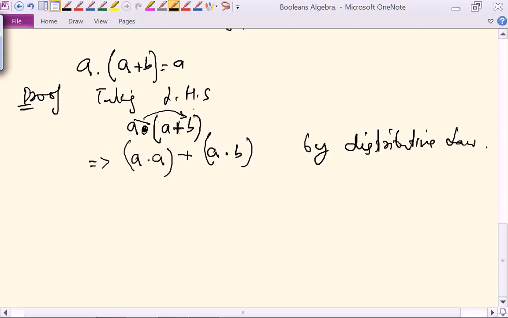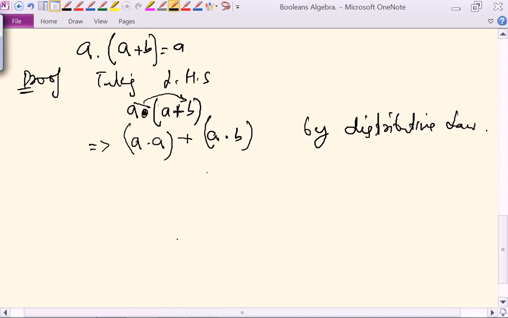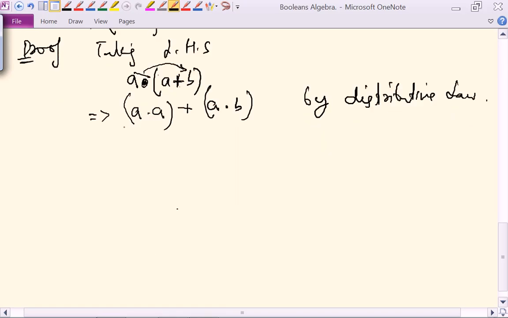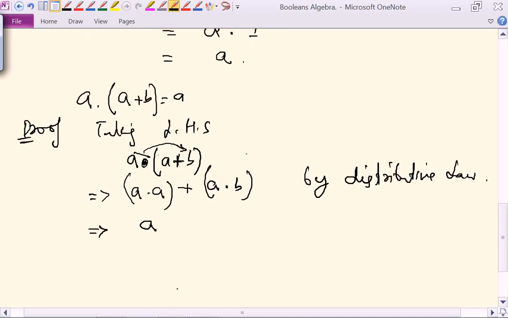Good. Now what is A and A equal to? If you and A with A, that's going to be A, right? Again, what we call it as idempotent law. Just here we discussed it.